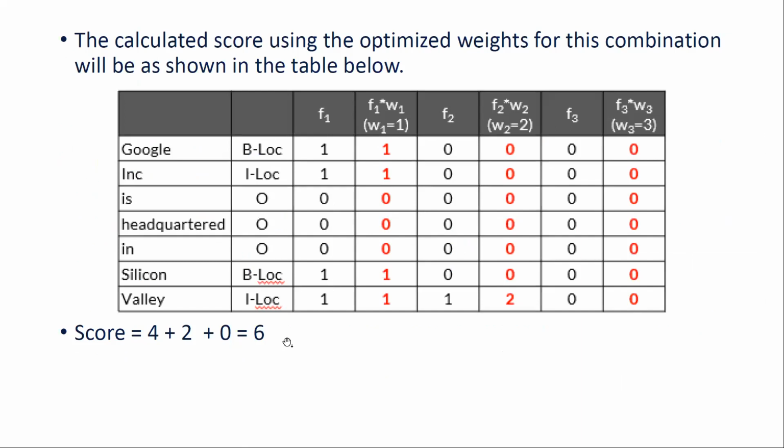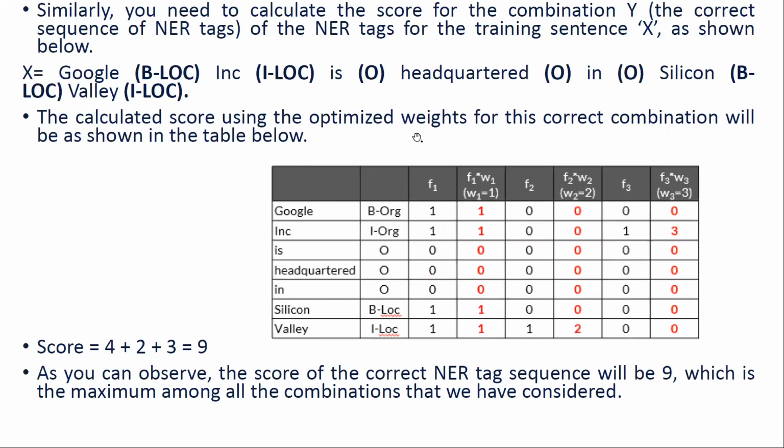The summation will give me 6. Similarly for the third, if I do B-org, I-org, B-loc, I-loc, then based on the third rule, we will work around all the features depending on these initial IOB tags. The summation is coming out to be 9.